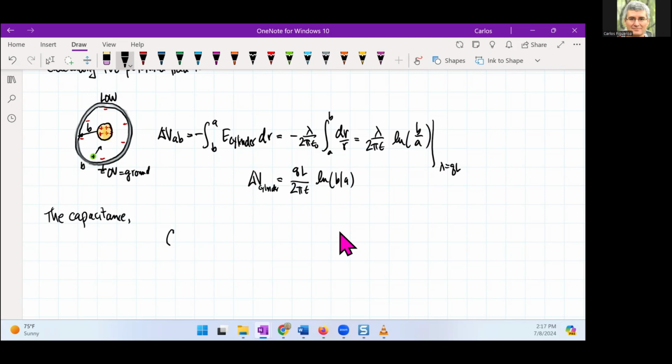So I'm going to say C cylinder is then going to be charge divided by the voltage of the cylinder, which will then be epsilon, the material, times 2 pi L divided into the natural log of B over A. And this is the capacitance of a cylinder.